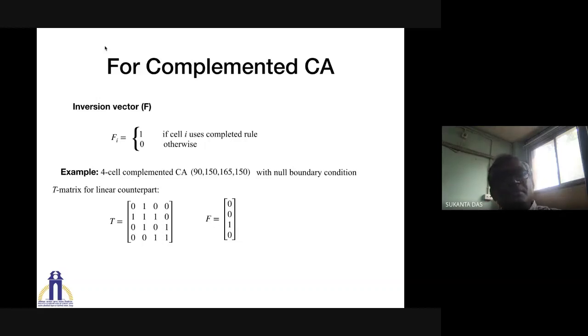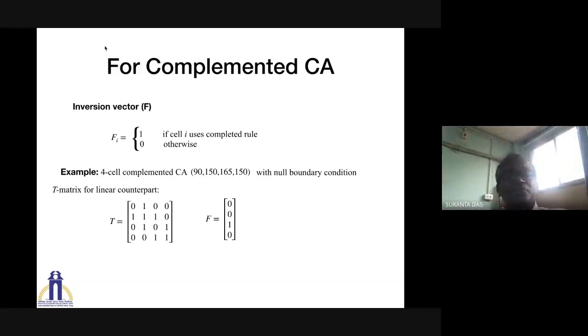What is an inversion vector? We write it as F. See Fi: if there is an n-cell CA, so F0, F1, F2, up to Fn minus 1. If any Fi actually uses a complemented rule, then in the F vector the content is 1, otherwise it is 0.